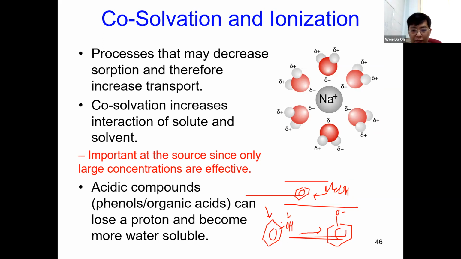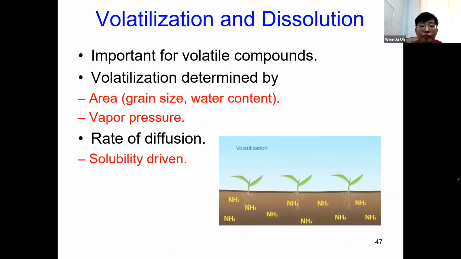The molecular form's solubility is lower compared to the ionic form. So if you have ionization, then you can actually increase the solubility of a particular species, causing it to be more soluble in the water and to be transported more efficiently. Right? Then we have volatilization and dissolution, which means that your pollutant can actually be volatile, right?